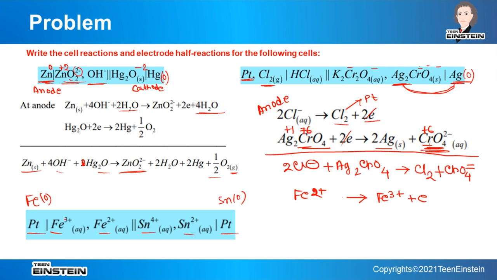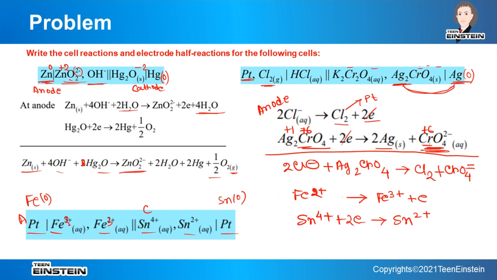This is 2 plus, this is 3 plus. Okay. And the reaction at the cathode, that is the reduction reaction. This is cathode, this is anode. So here the reaction will be Sn4 plus accepting 2 electrons and being converted to Sn2 plus. So both side charge is the same.